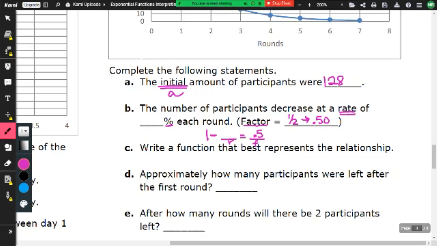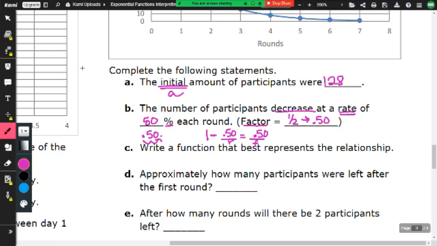Minus, because of the word decrease. We're decreasing, but you should also be able to notice on the graph that you are going down. Now, 1 minus what gives me 0.5? Or 1 minus what gives me 50 cents? Another 50 cents. But since it has to be in the form of a percent, 50%.